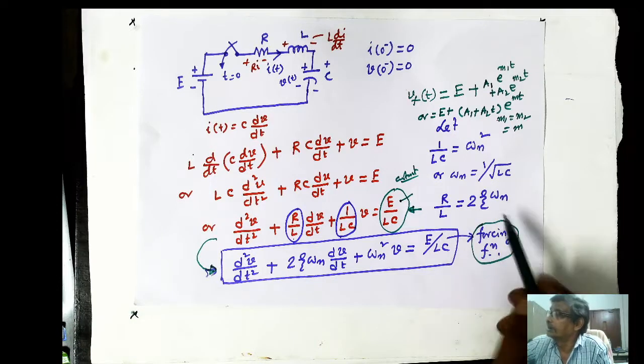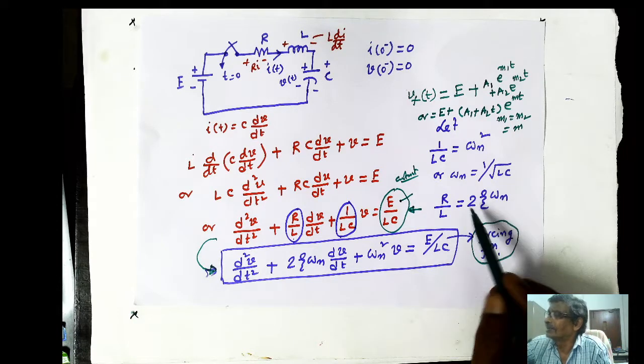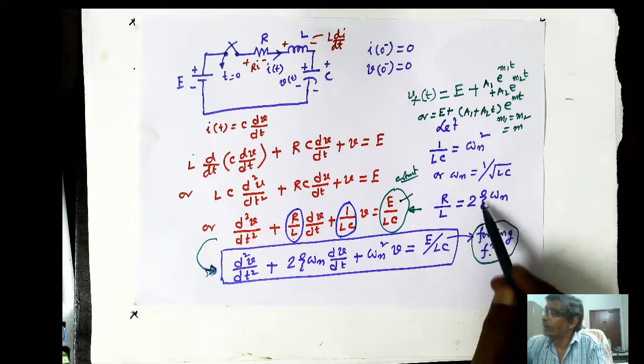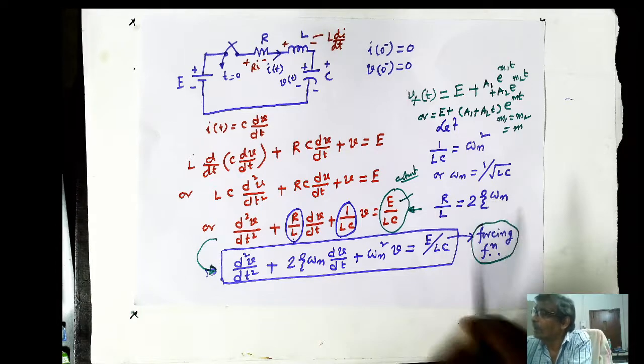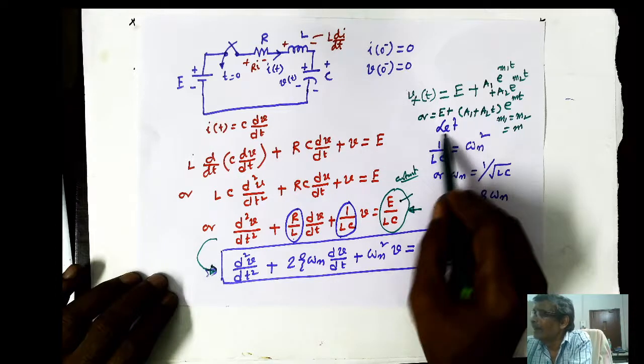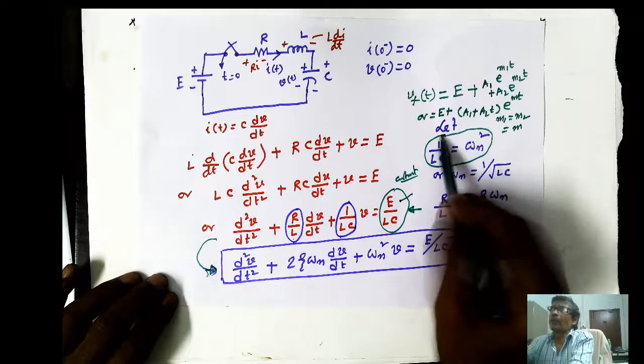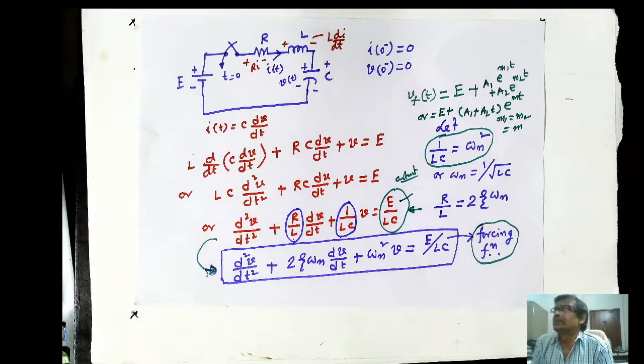First, 1 by LC. We have seen from the previous problem, when a capacitor is connected across an inductor, 1 by LC is the natural frequency of oscillations, omega n square. Omega n is 1 over root over LC.